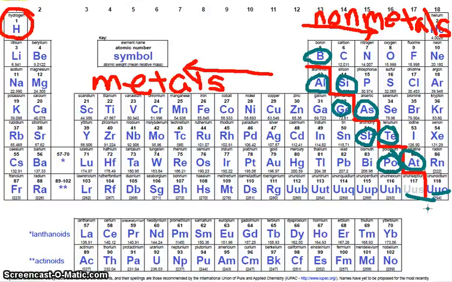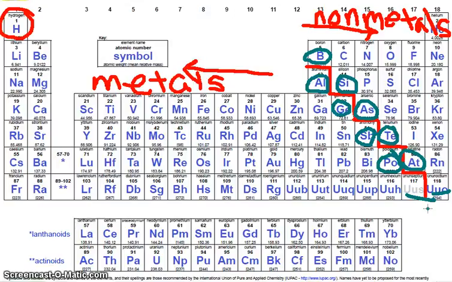Metals are considered ductile. Ductile means that I can pull it out and I can create a wire. Metals are also considered malleable. The word malleable you saw in lesson 2, and if something is malleable, it means that I can hammer it into a sheet. Metals tend to be lustrous, so they're kind of shiny. So something like silver has a little bit of luster to it.